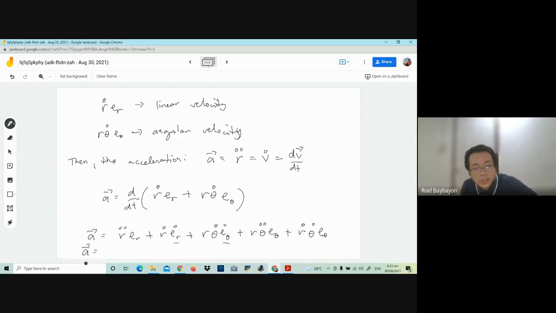Acceleration is equal to r double dot e_R plus r dot times e_R dot.